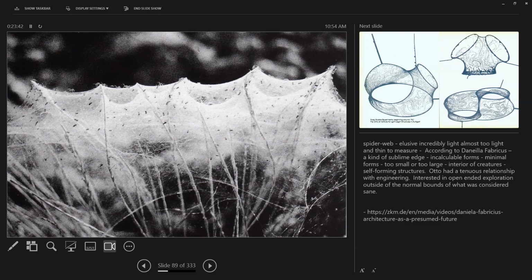It's too light, too small, too thin, or too hidden to possibly be measured and understood. And so he was interested in this strange, almost sublime exploration at the edge of the discipline, rather than in engineering.